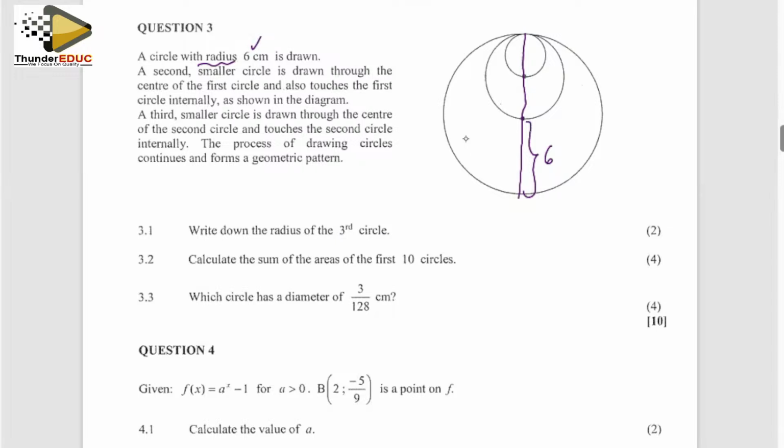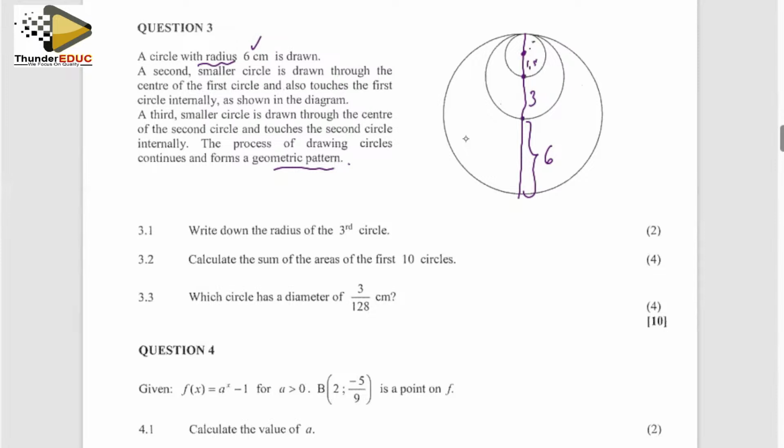The second smaller circle is drawn through the center of the first, which means the radius of the first is the diameter of the second circle, so that is going to be 6 divided by 2. That's 3, and then 3, same thing, that's going to give us 1,5 and so on. As shown in the diagram, that circle is drawn through the center, and then the process continues to form a geometric sequence.